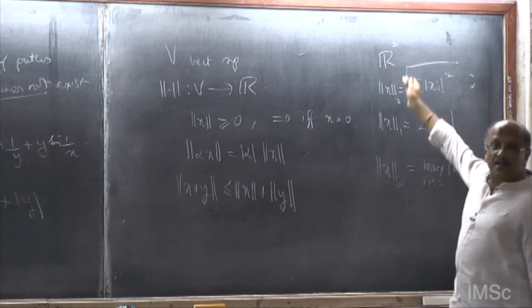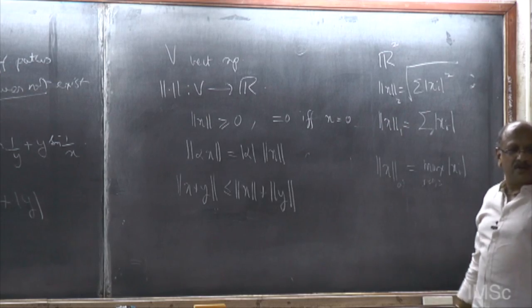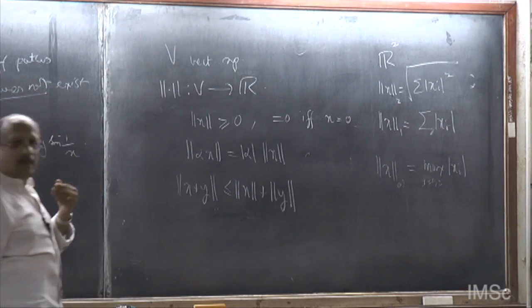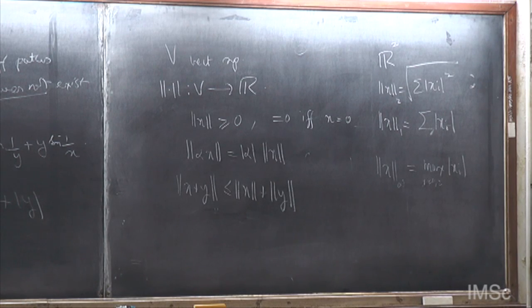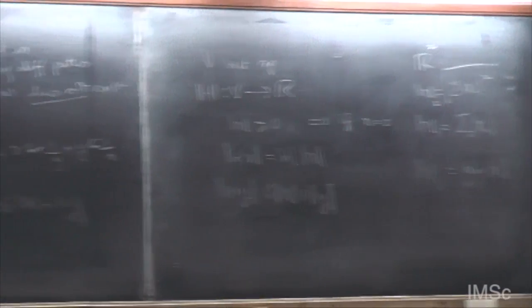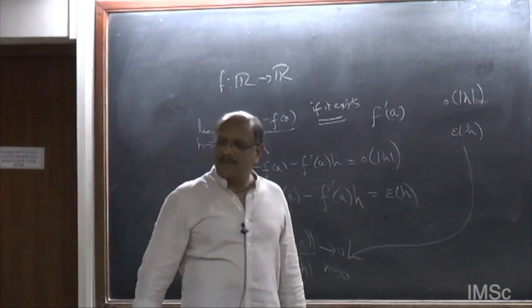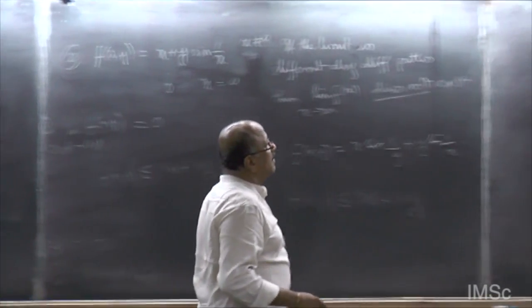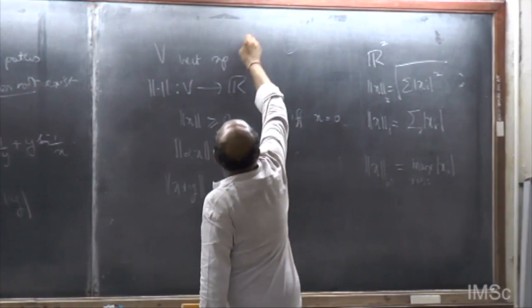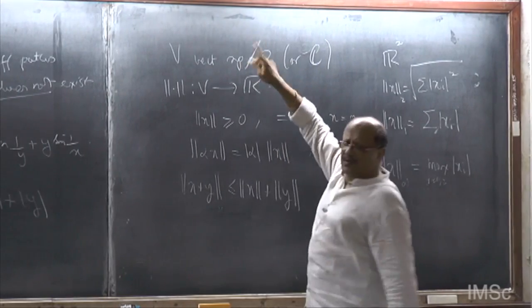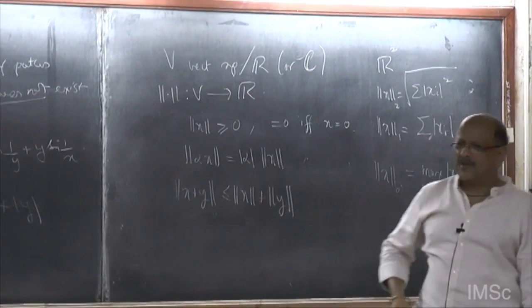But whatever I have done here for Rn, you can generalize to any vector space over R or C. But throughout this course of lectures, we will talk of real.